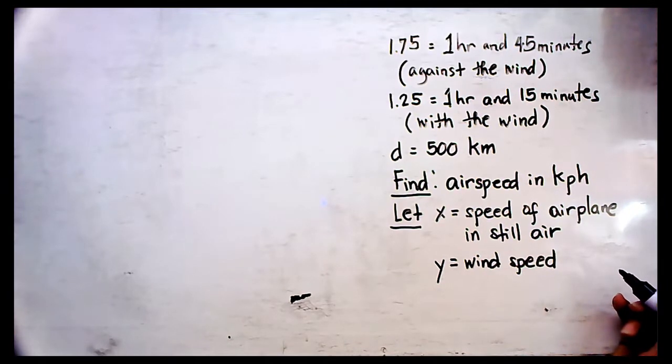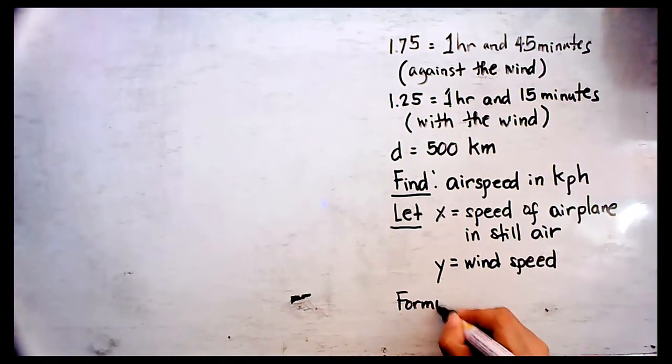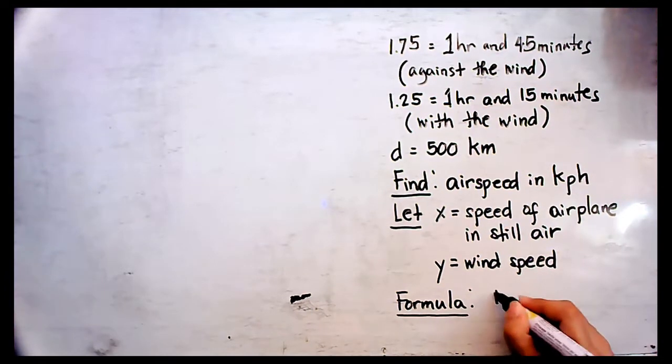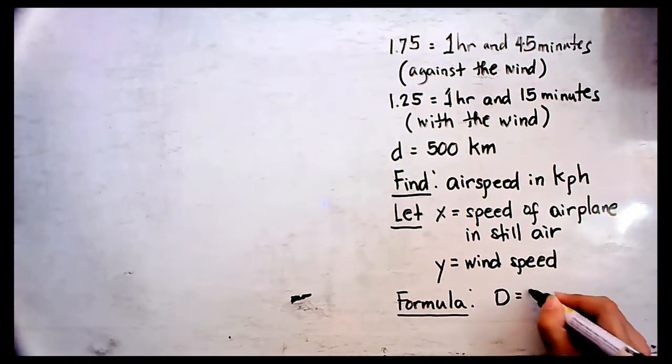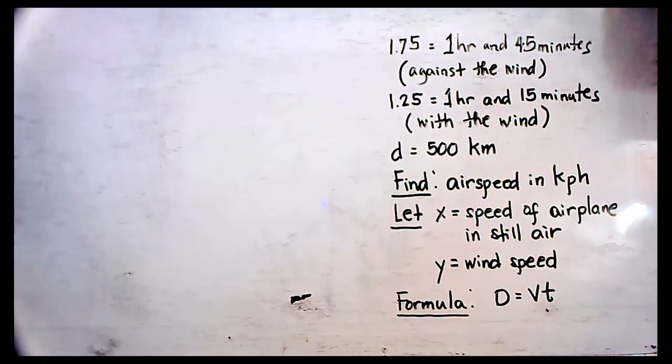And aside from that, we have the formula. We can use the formula for distance. According to the formula, distance is simply equal to velocity times time, wherein d is the distance, v is the velocity, t is the time.